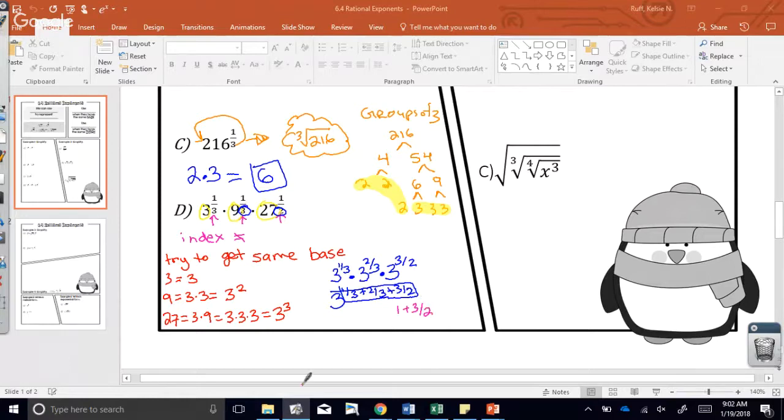We've got 1 plus 3/2. If I want to add these, I have to have the same denominator. So to make 1 have a denominator of 2, it becomes 2/2. 2/2 plus 3/2 gives me 5/2. So my final answer that I'm looking for is 3 to the 5/2.